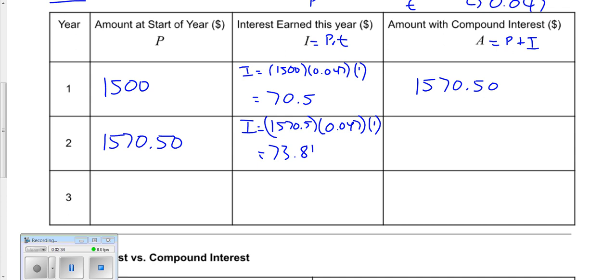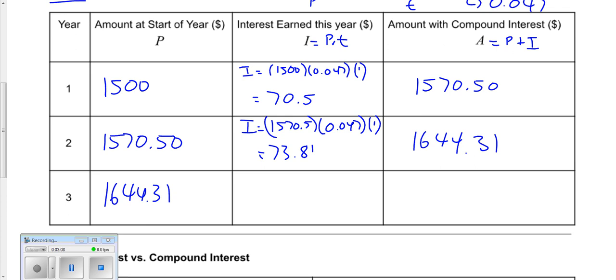So our final value, if I add the 1570.50 that I started off with, and I add the $73.81, I end up getting a total value of $1,644 and approximately 31 cents, which means that in the beginning of my third year, the value of the investment is $1,644.31.